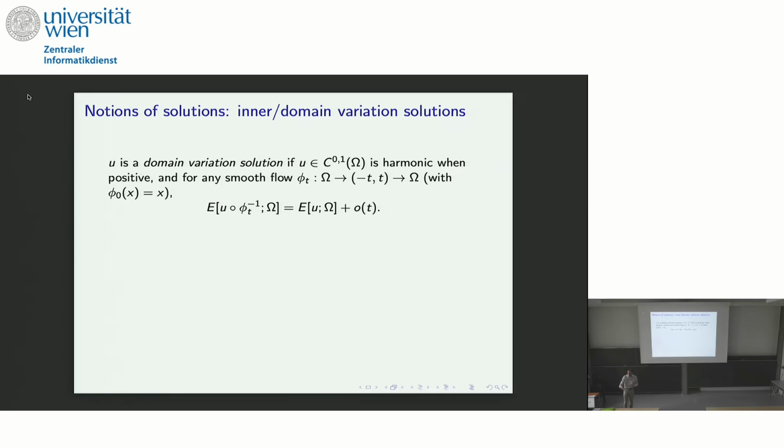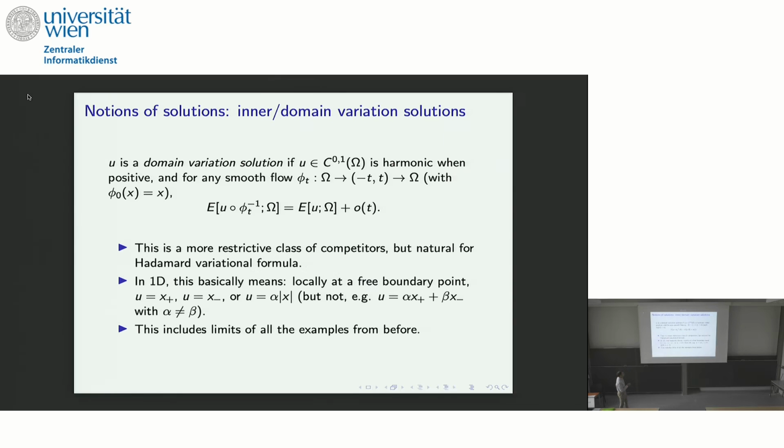So I only deform the underlying space. When you do this, the variation that ruled out the absolute value guy is no longer available. So that thing actually is a domain variation solution. You'll notice I'm also making some additional assumptions, like the fact that it's Lipschitz and harmonic when positive, because unlike for the outer variation solutions, this doesn't follow immediately.